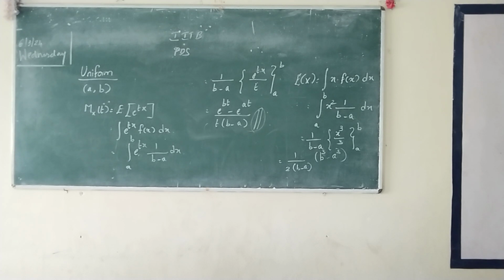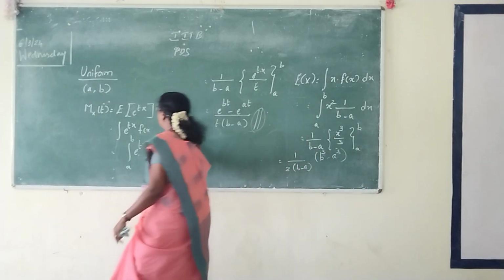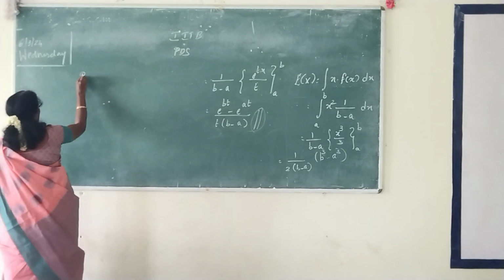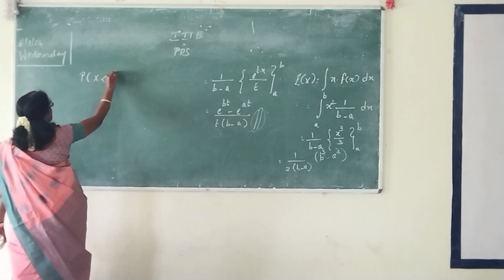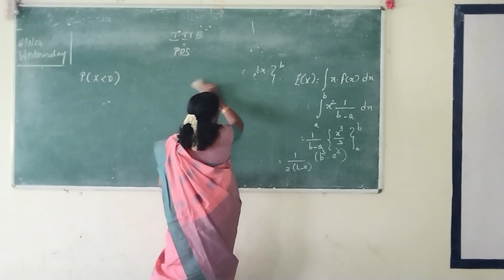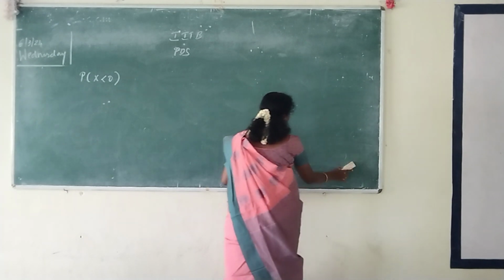Find the probability of x less than 0. Okay, written. Can you identify which distribution it belongs to?